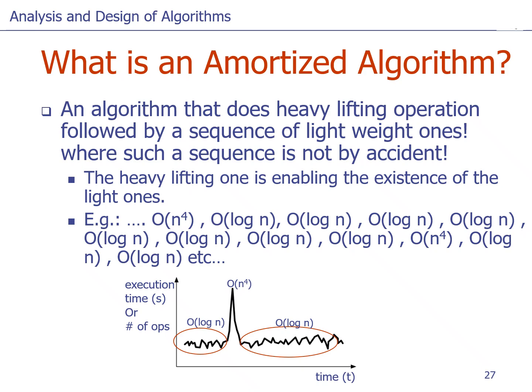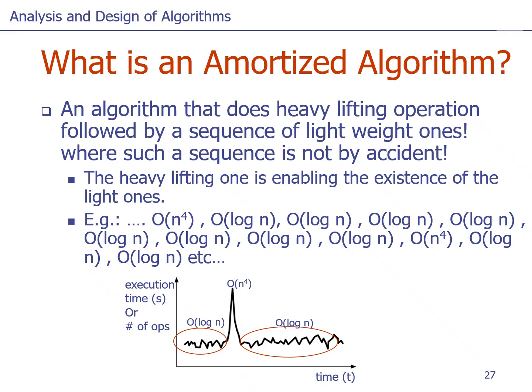I'm referring to, within the same case, if you like, there are 2 or more asymptotic orders. Sometimes it's fast, sometimes it's slow. We would often describe or think of the slow operation as being a heavy lifting operation that involves some extensive processing.